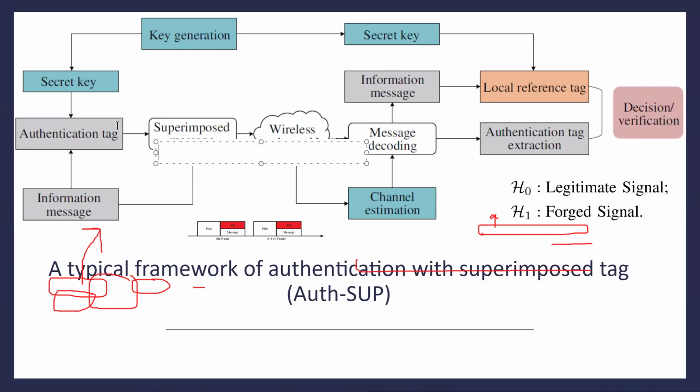We superimpose the information message with the authentication tag. Then we send them over a wireless channel. Then at the receiver, there is message decoding and authentication tag extraction. Compare it with a local reference tag and make a decision: if the tag exists and it's the same as the reference, then it's a legitimate signal. If it's not, then it's a fake, forged signal. This is the framework for authentication.